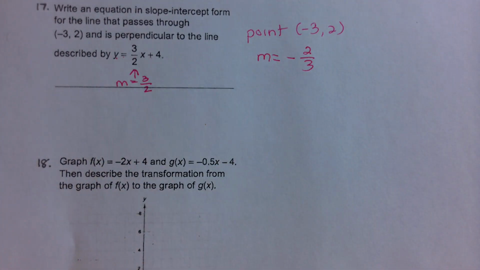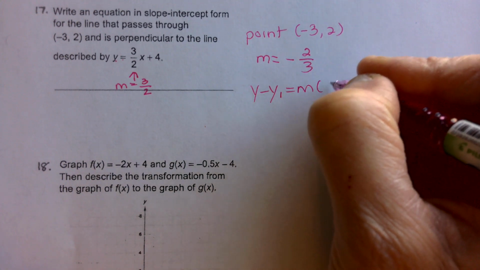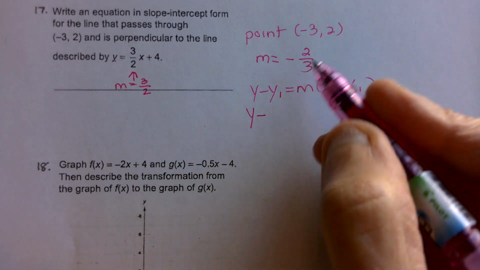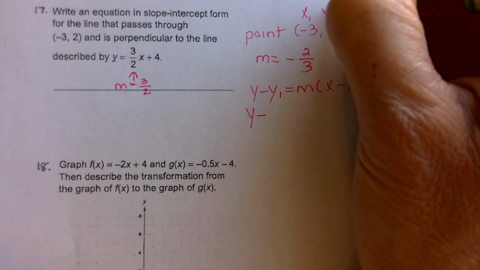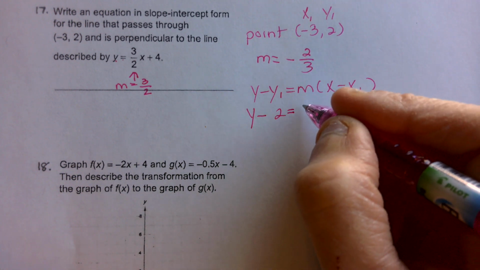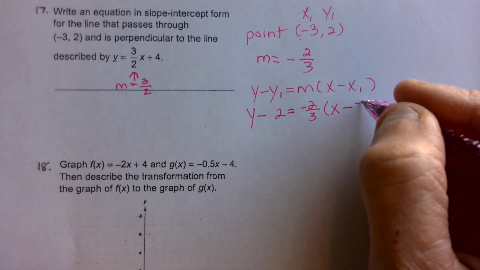So now I've got a point and a slope. Oh, point, slope. Yay! I can put it in my point-slope form and solve. So again, you leave the y. This is my x1, y1. And you put in the y. Slope is negative 2/3 x minus negative 3.